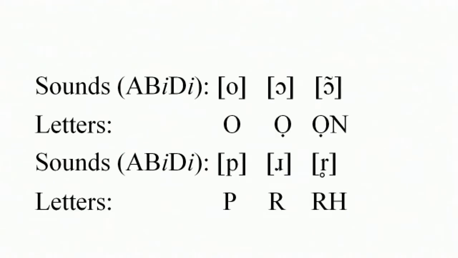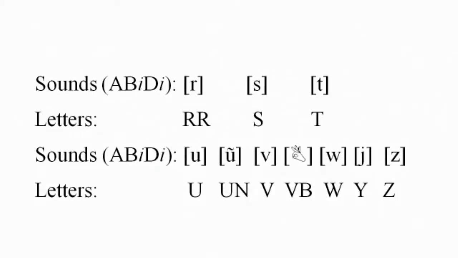Then o, pi, ri. Then you are going to have the double R, that's the re, C, T, B, we, that is the ABiDi Edo.